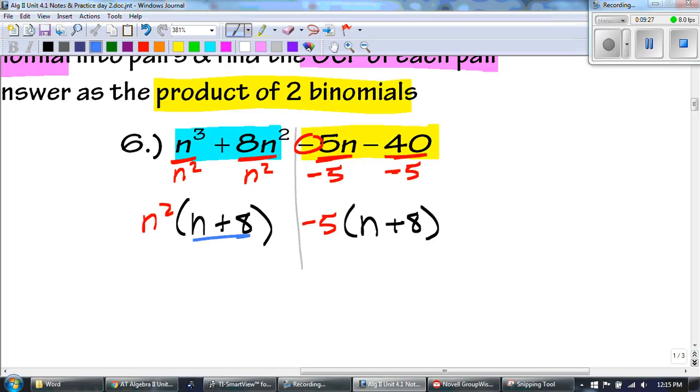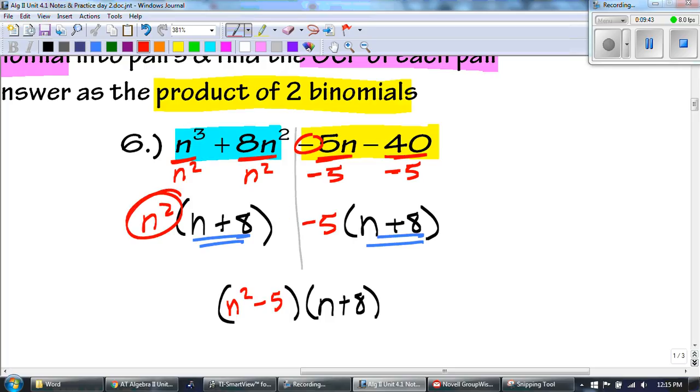And if you look, n plus 8 and n plus 8 come together. We did it right. And then my other binomial is going to be the n squared minus 5. I take our 2 GCFs into our other binomial.